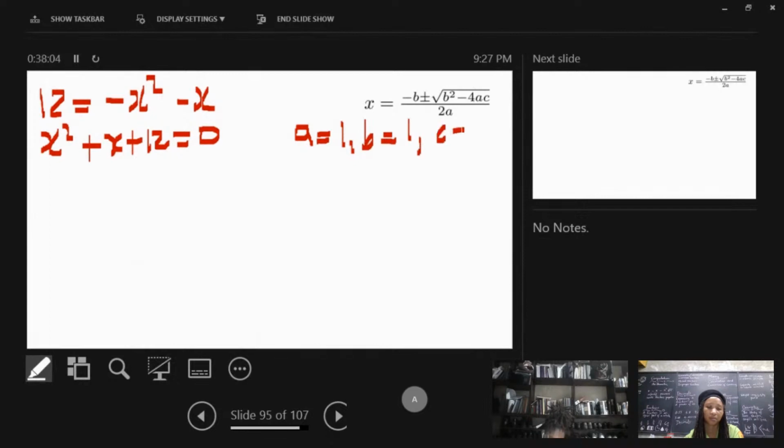So x is equal to negative 1 plus or minus the square root of 1 squared minus 4 times 1 times 12, over 2 times 1.